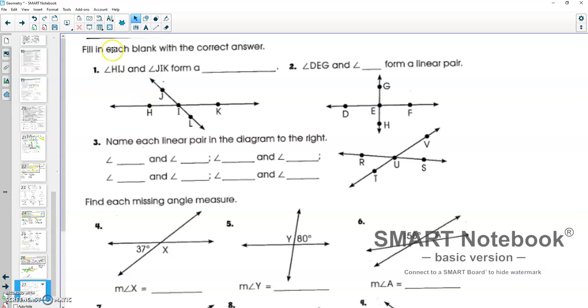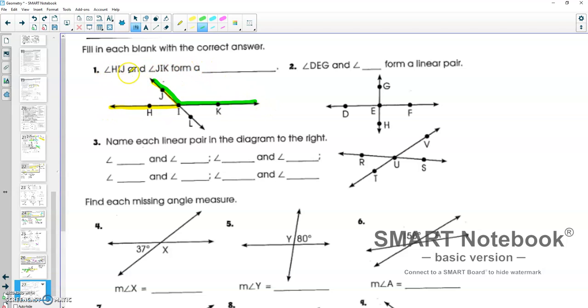Okay. This one. HIJ and JIK form a blank. So let me just highlight it just to see what they mean. HIJ and JIK. What does this make? Two angles are right next to each other, and they form a line.